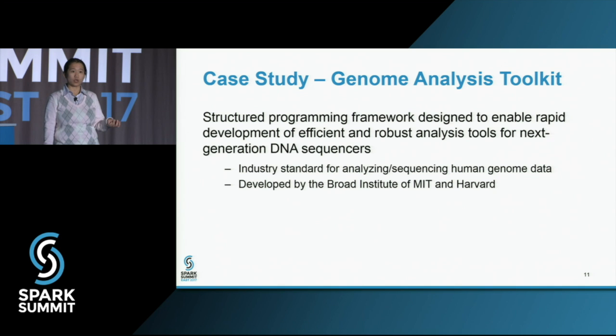It is an industry standard, and a lot of people collaborate and contribute to the project. If you are interested, it is 100% open source on GitHub. So please feel free to check it out.